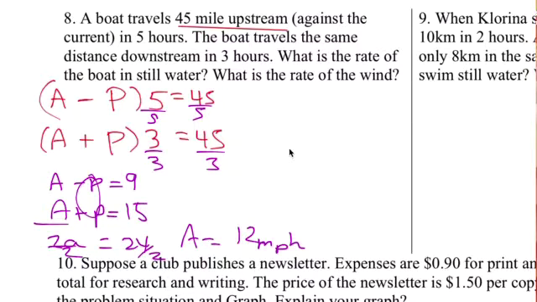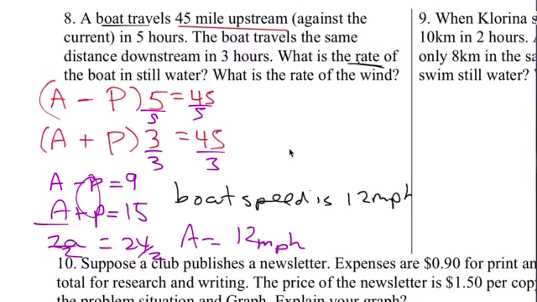Therefore, let's put it back. So the boat rate is 12 miles per hour, and the current rate, put it back into the equation.